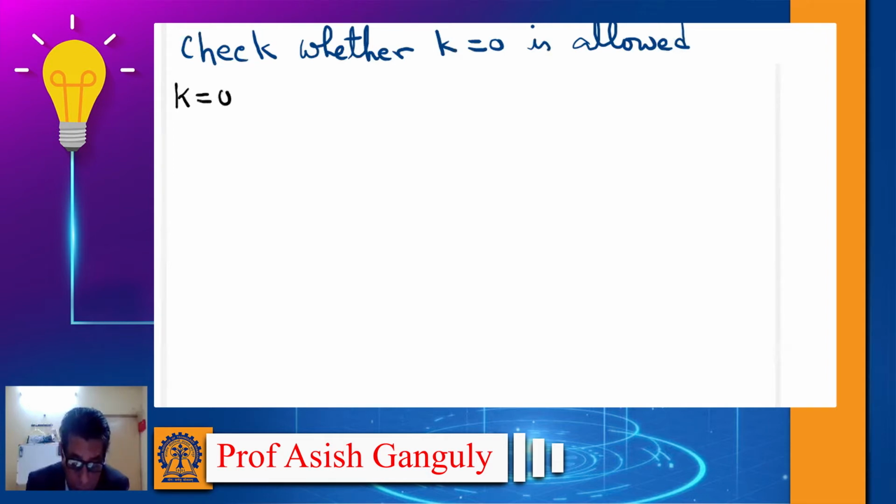Then you see that here k equal to 0 will give you capital X simply a linear function of small x.